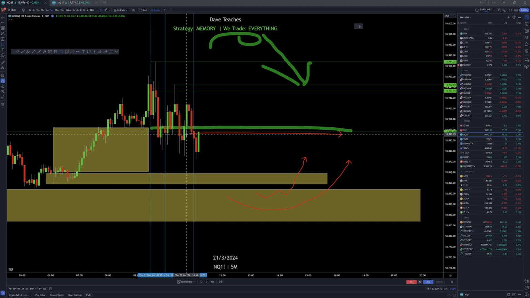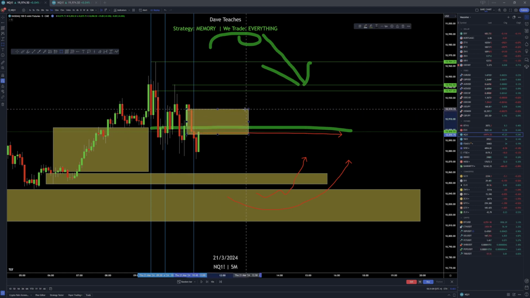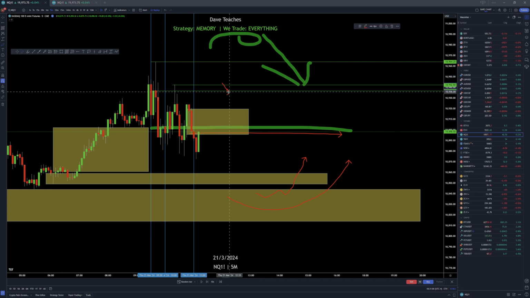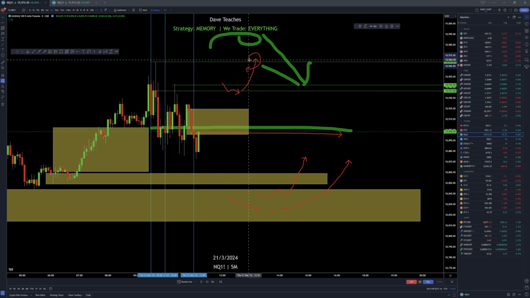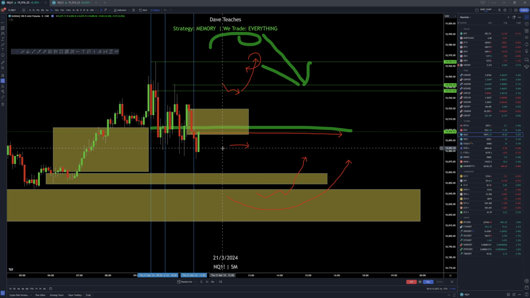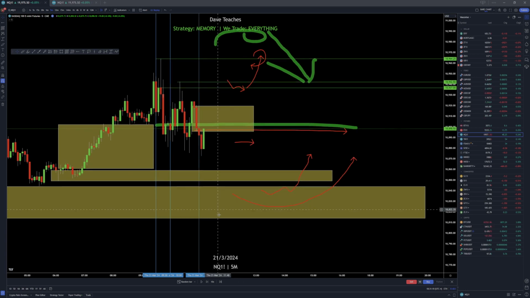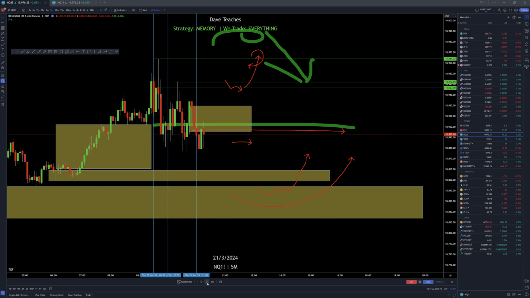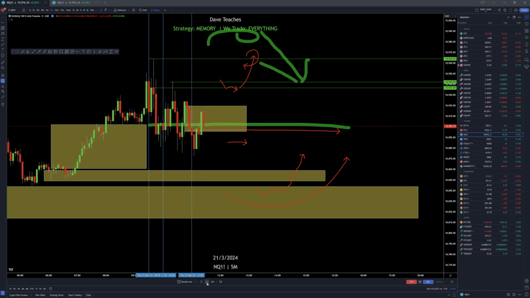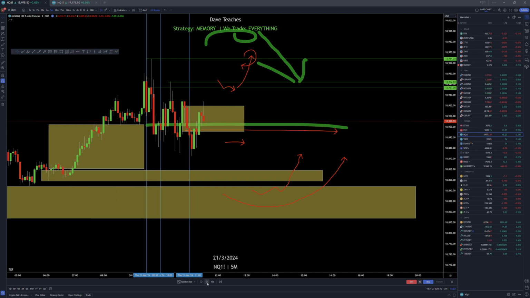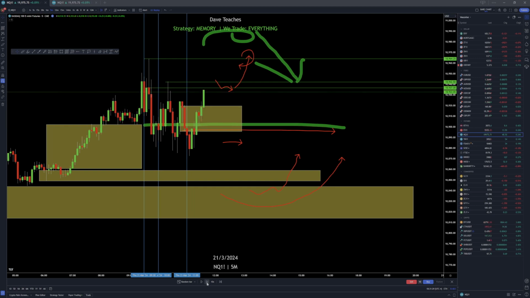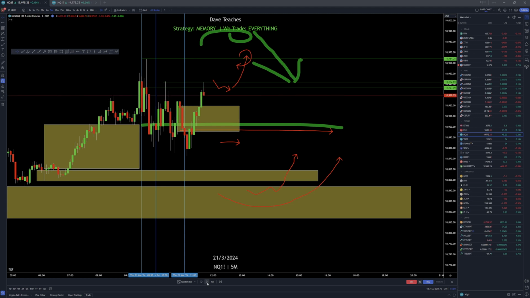And we have this here. So if this PLI doesn't hold, then it moves into there and takes that. All right. So there's the PLI not holding. There's the beginning of the wick that's there.